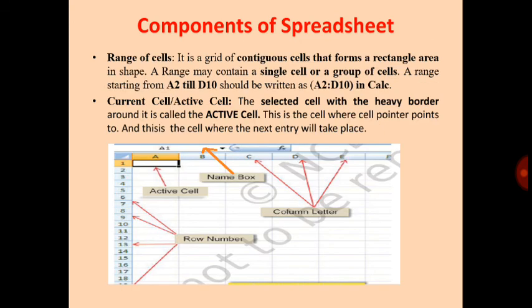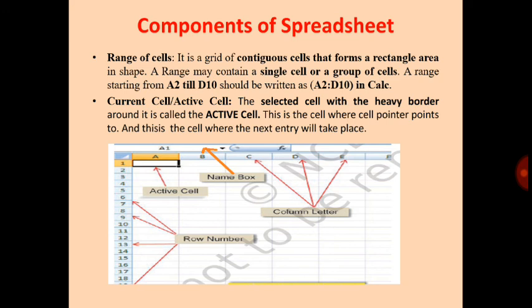Now, range of cells. It is a grid of contiguous cells that forms a rectangular area in shape. A range may contain a single cell or a group of cells. A range starting from A2 till D10 should be written as A2:D10 in Calc spreadsheet. Current cell or active cell.